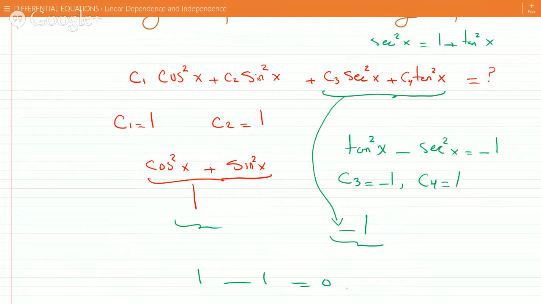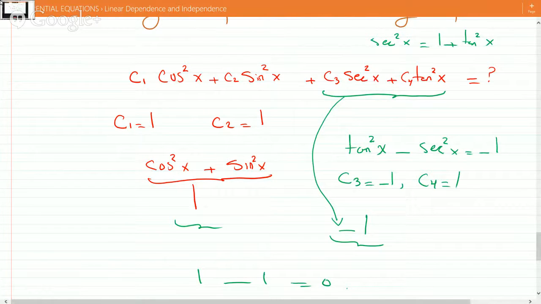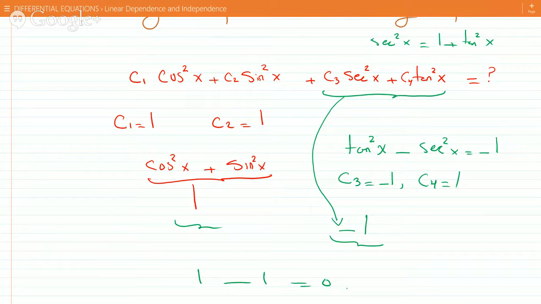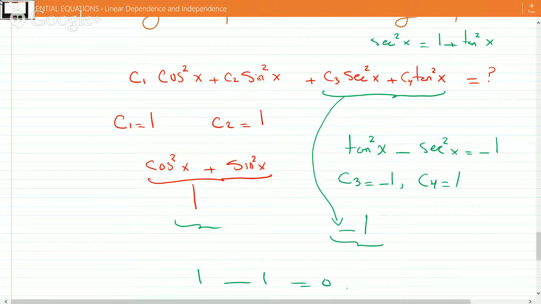So two of them, cosine squared and sine squared, are not linearly dependent by themselves. But when you add them together, and when you add secant squared, tangent squared, right, secant squared and tangent squared are linearly dependent with sine squared and cosine squared. They're all together linearly dependent.